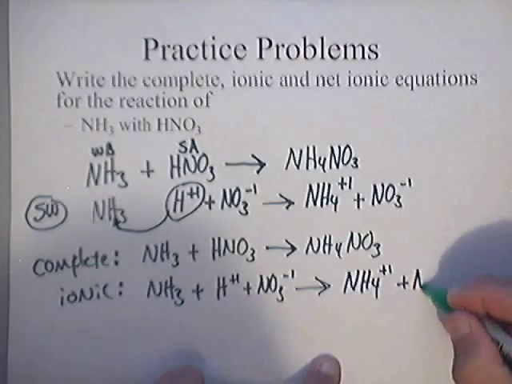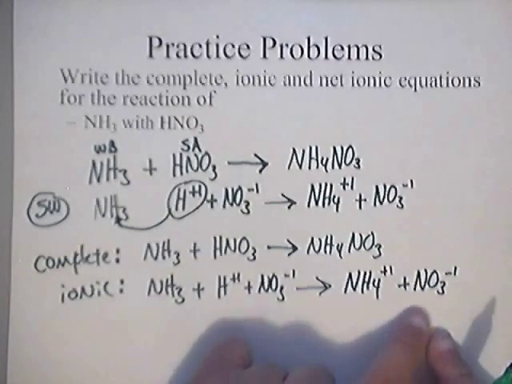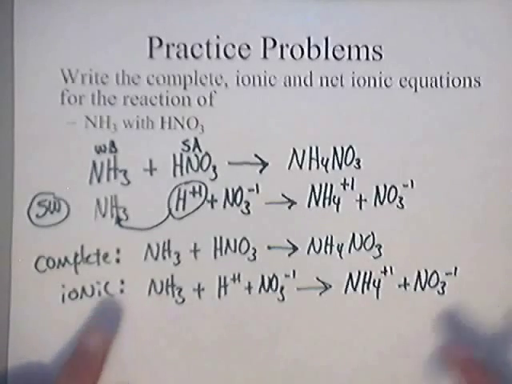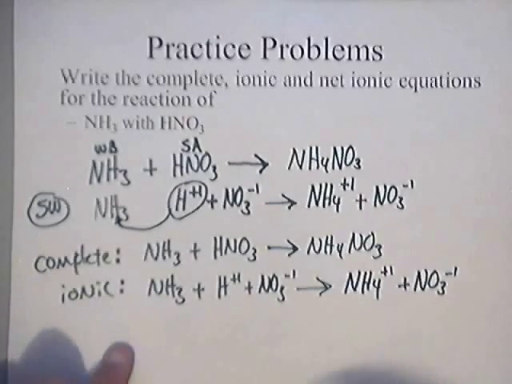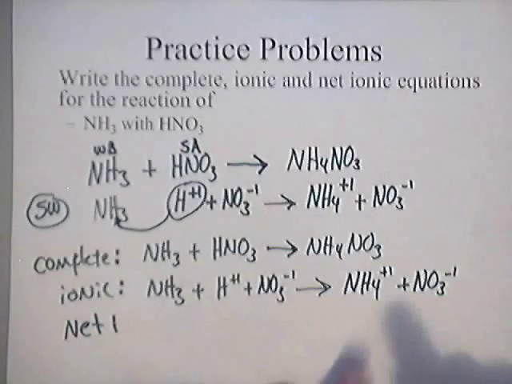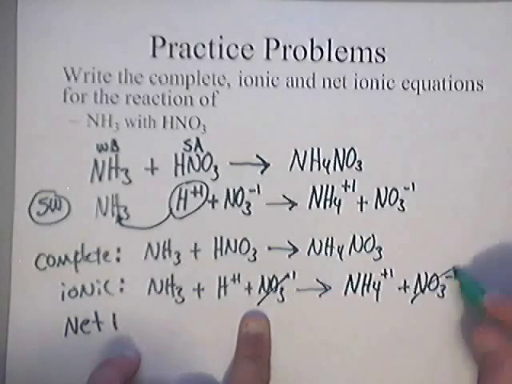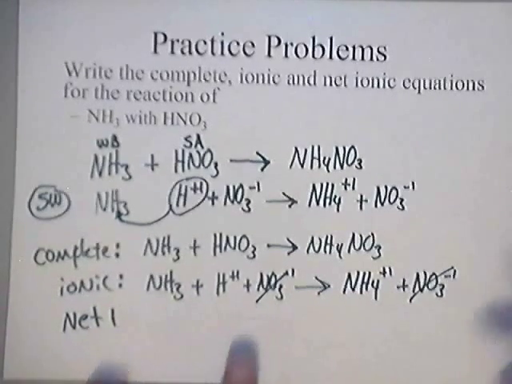All of that scratch work up there that I've written down to get my thoughts together helped me get this one right. Now remember, you have to cancel out the spectator ions before you can write down the net ionic. If you look closely, NO3 is the only one that appears on both sides. Therefore that's the only spectator you have.